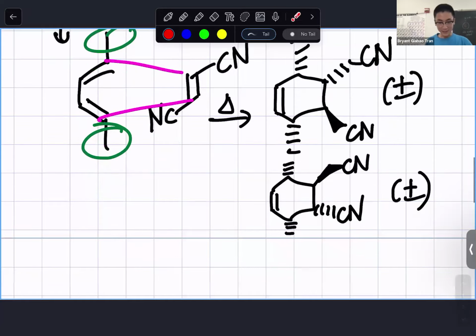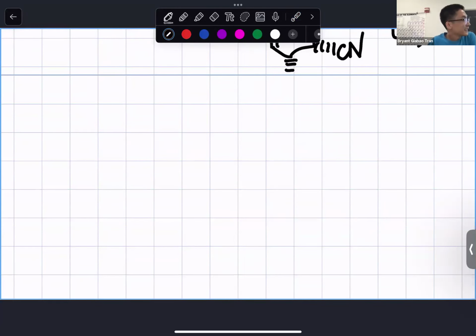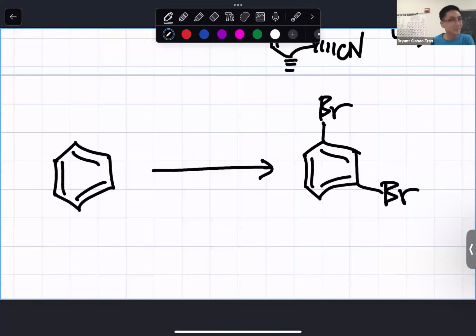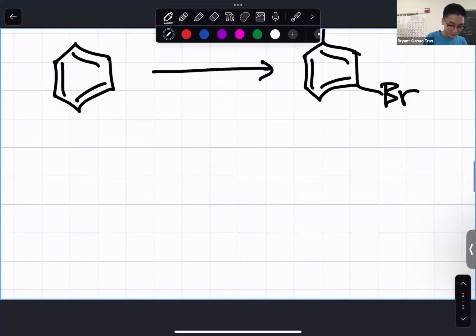Okay. Another question was something like, let's say the synthesis problem, start with the empty benzene ring, and then you end up with the meta bromines here. When I saw this, I was kind of confused because they're meta to each other, but this is ortho-para directing. And then this is what most people did.